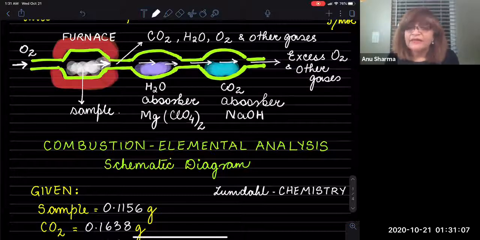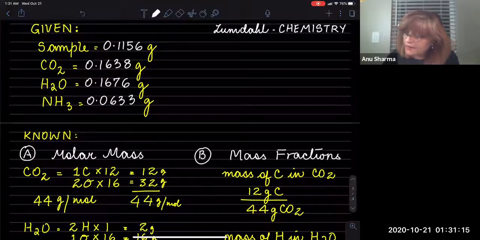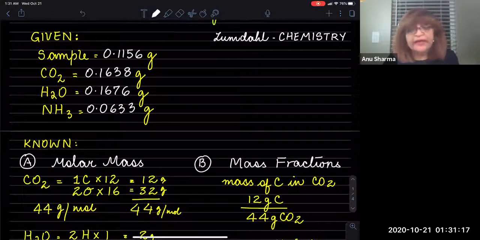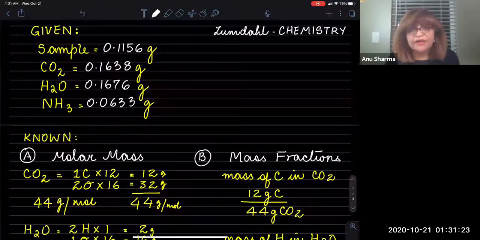Any remaining gases are then treated separately. So this is the setup of elemental analysis, and this problem relates to that. Generally, we use this with organic compounds, especially when you're making a small molecule compound and you want to know whether the molecular formula is the right formula that you have or that you see from other sources.